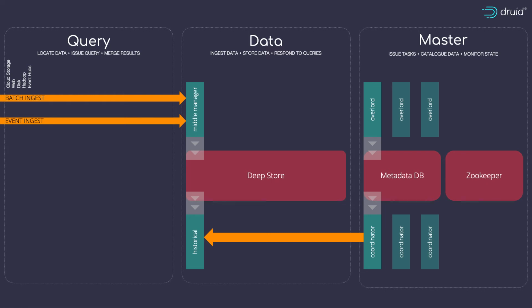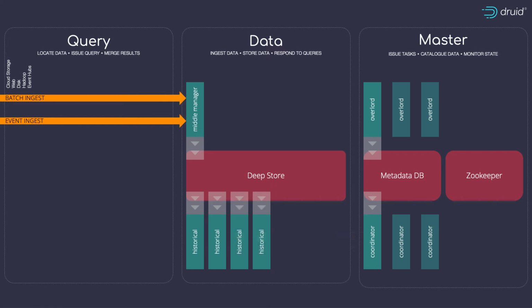What's great about this loosely coupled way of working is that the coordinator will automatically distribute data when you add new historicals. As my data grows, I simply add more historical processes, and the coordinator will automatically find them and push data to them, even rebalancing the data automatically. There's no need to go back into ingestion jobs and start connecting to new servers or anything like that.